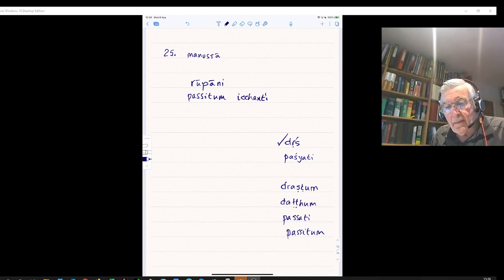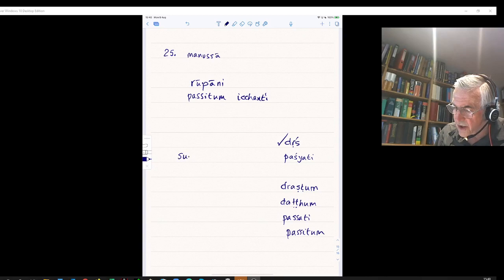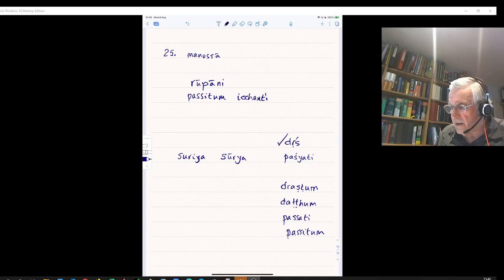So by the light of the sun. So sun is Surya. In Sanskrit, it is Surya, the long U and then the consonant cluster, the R followed by the Y. In Pali, that becomes two short syllables, Suriya.